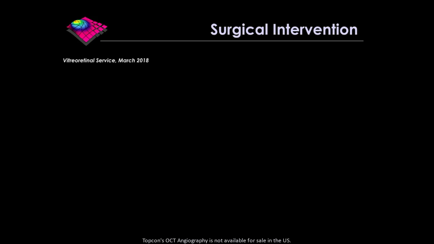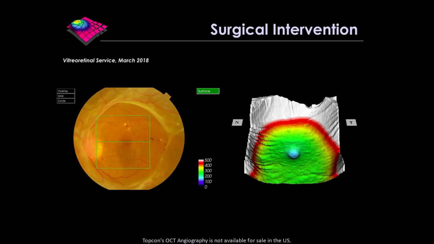What's interesting is that she's being followed up by the surgeons after her operation, and in March 2018 she comes in to them and they look at her left eye, and the visual acuity is still 6/9, so better than 20/40 in her better seeing eye. And on the old Topcon OCT they have this retinal thickness map.